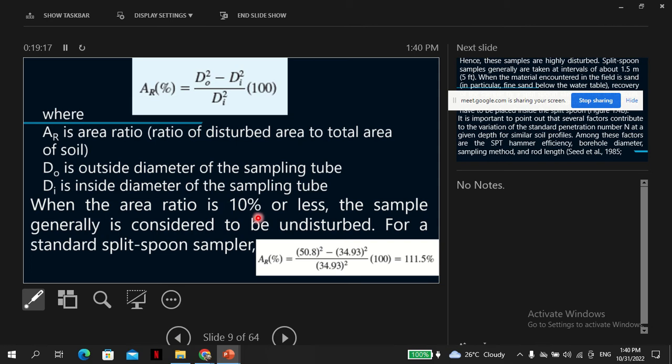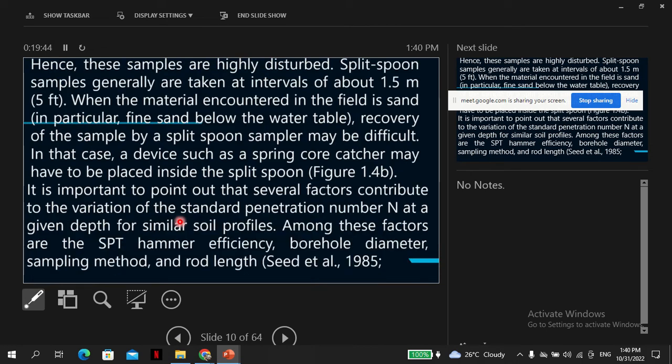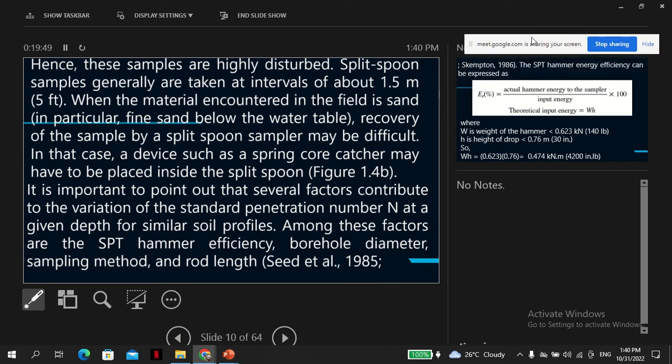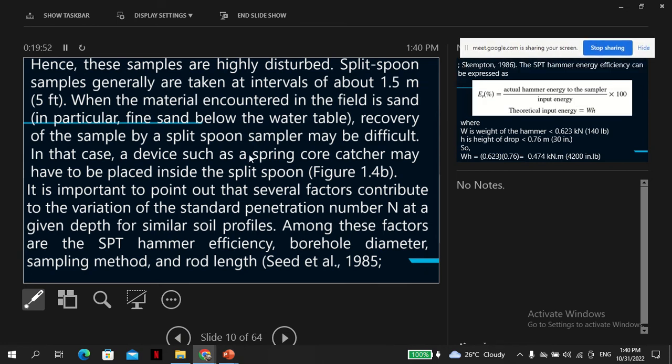When the ratio is 10% or less, we can consider it undisturbed. But you can see here that based on the split spoon sampler, it is 11.5%, so the resultant sample can be considered disturbed, even though we set out to have a sample that is not disturbed. Of course, that's another philosophical discussion we may not get into at this level.